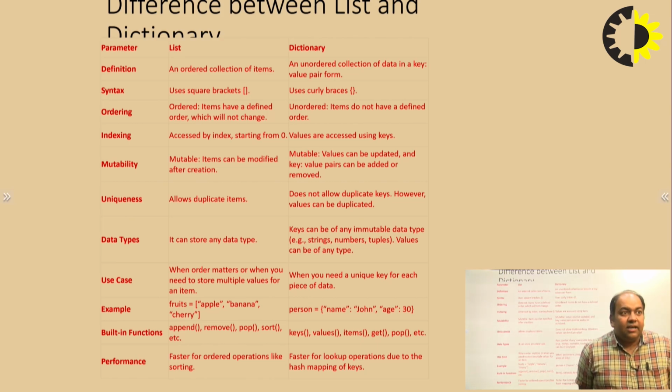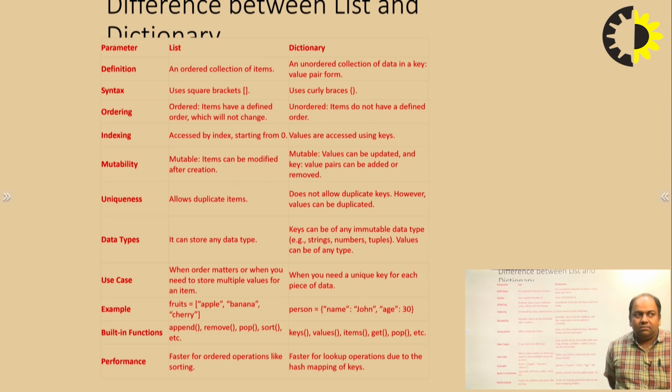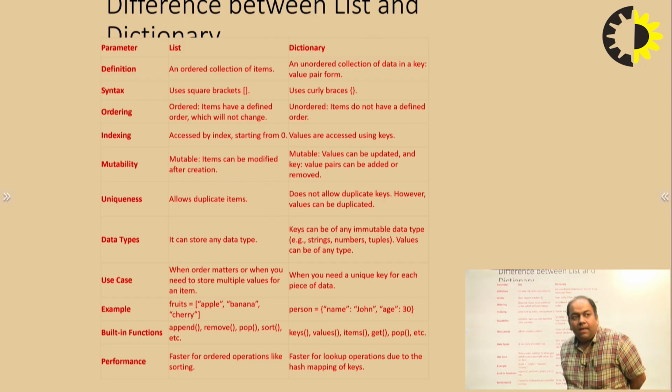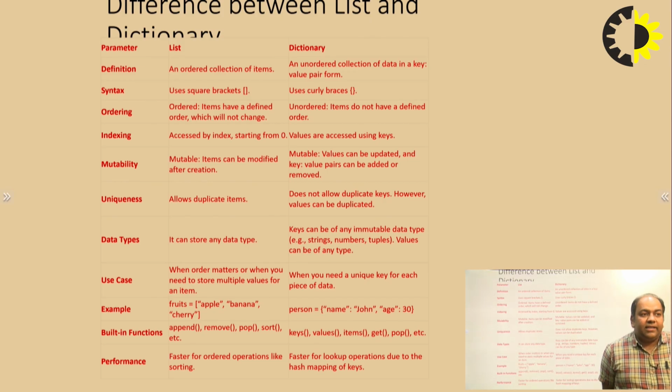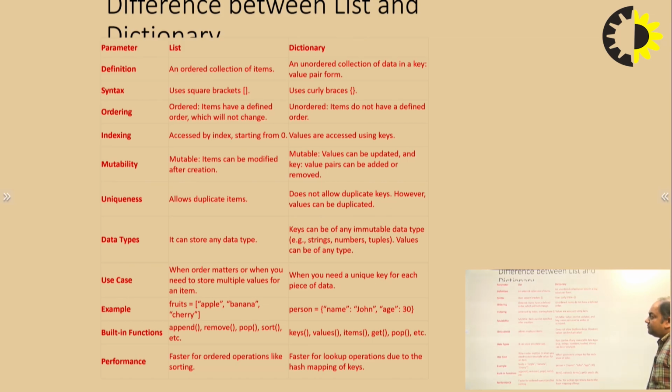List has ordered items, while the dictionary has unordered items. Indexing in a list starts from 0, and in the dictionary the values are accessed by using keys. List is mutable as well as dictionary is also mutable.